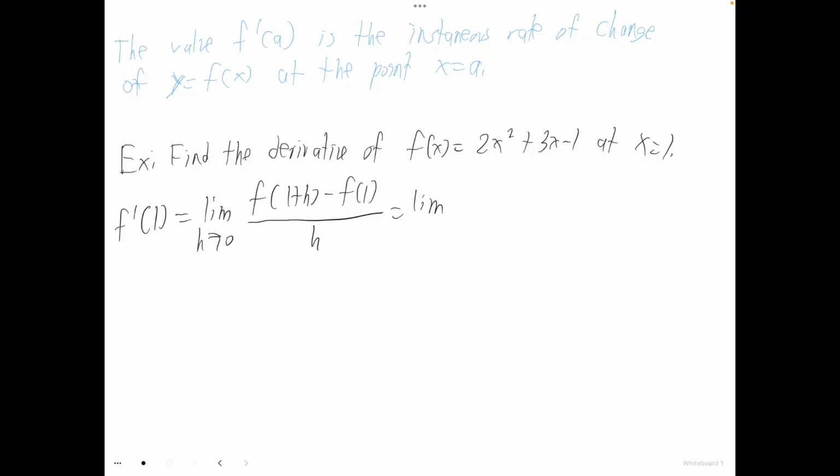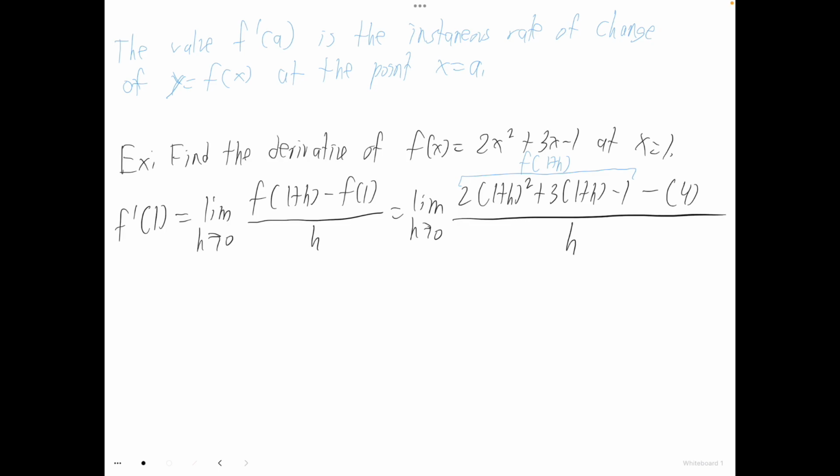We plug stuff in, so we have 2 times (1 plus h) squared plus 3 times (1 plus h) minus 1. This whole piece is literally what we get for f of 1 plus h. Now, if you just plug the number 1 in, you get 4, so we subtract off 4. Then we divide all that by h.